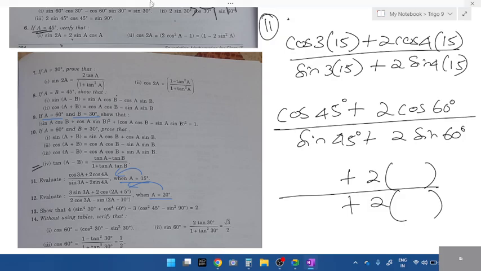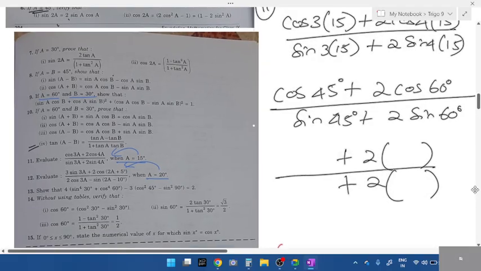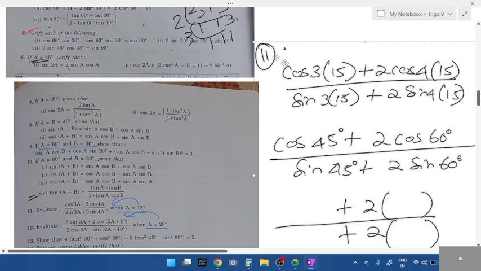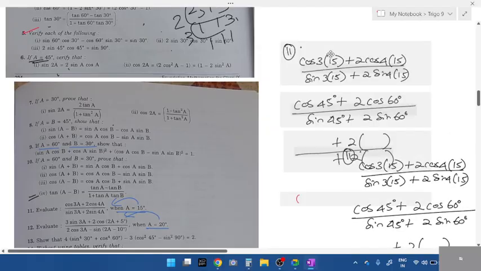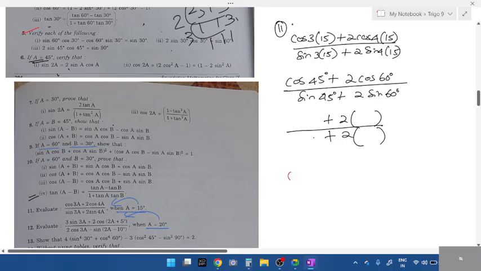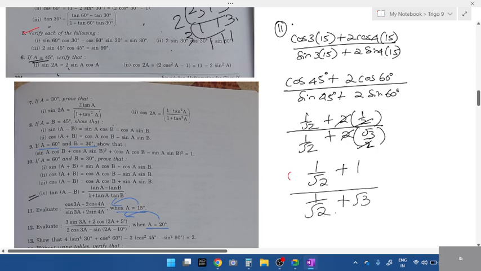Yes. What's the answer there? What did you get? Okay. 1 by root 2 plus 2 into root 3 by 2. Root 2 gets cancelled, right? So what is left? 1 by root 2 plus divided by. Okay.